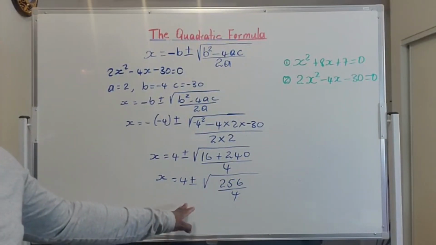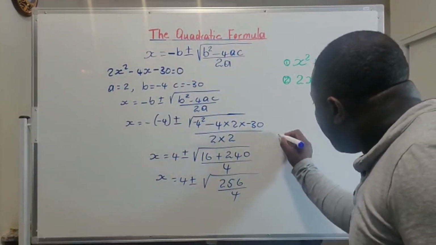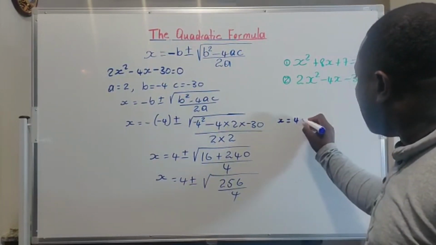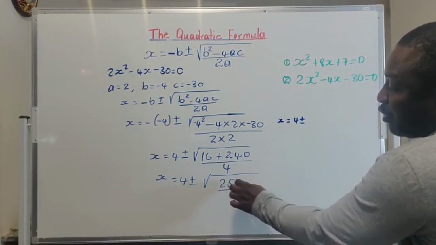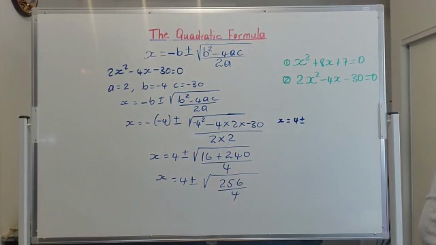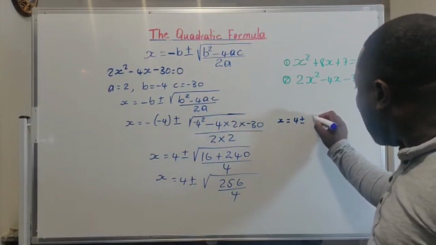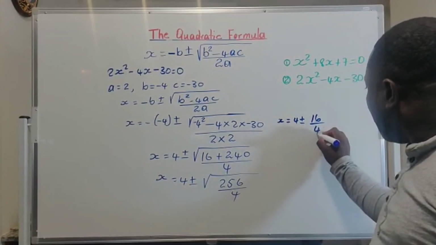And I'm just going to continue here. X is equal to positive 4 plus or minus, what's the square root of 256? Pretty sure if we multiply 16 by 16, that will give us 256, guys. So it's 16 all over 4.